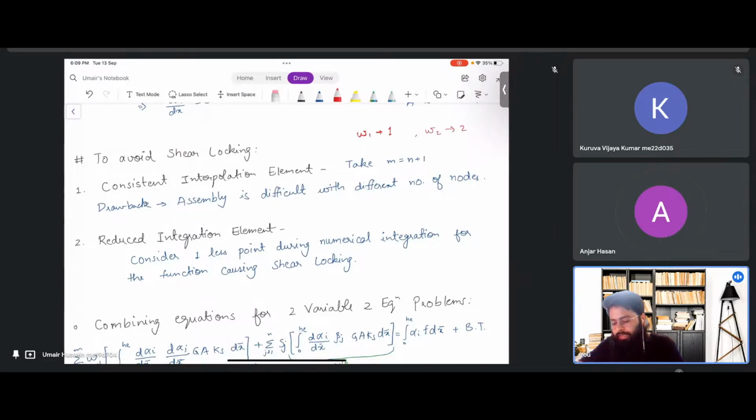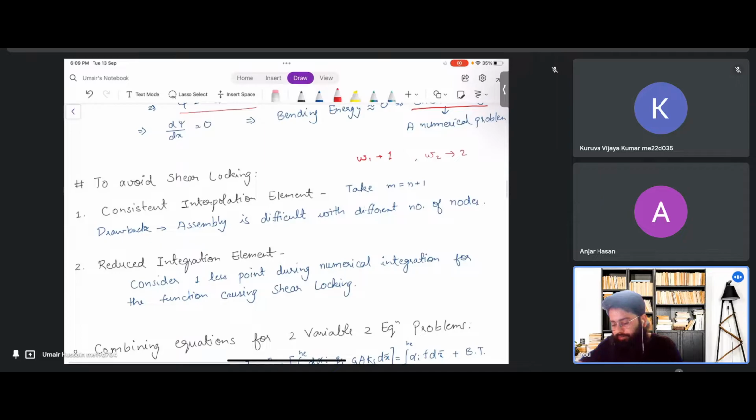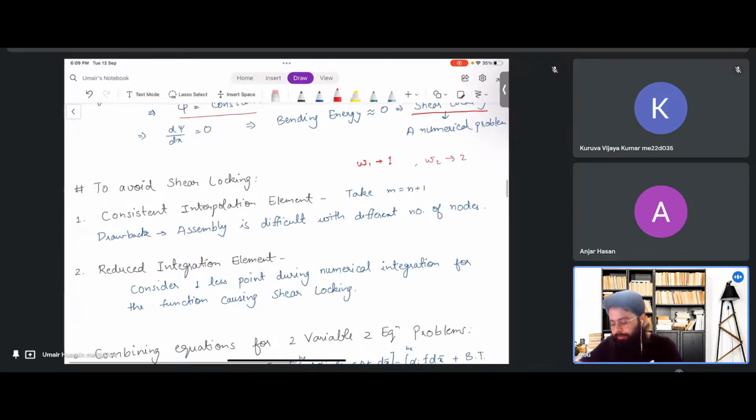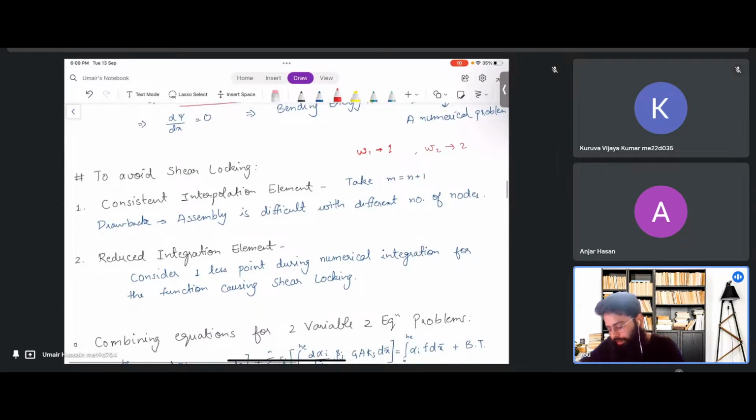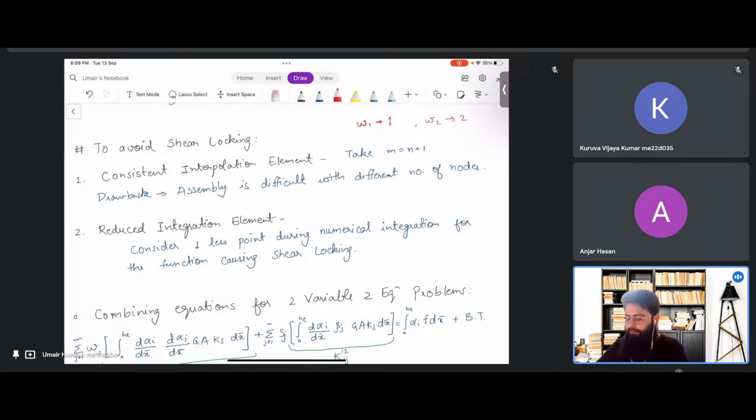Of course, this would pose a problem, as the different number of nodes would cause trouble in assembling the different matrices and vectors. Another solution is to consider one less point during the numerical integration.